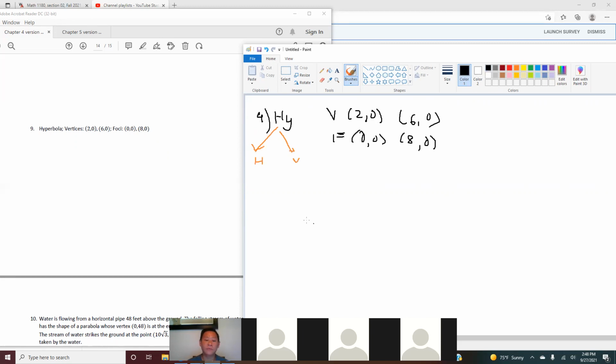The best way to figure it out is to plot these coordinate points. Plot the vertices and the foci, and you will tell where they are located, horizontally or vertically. Go ahead and plot this and tell me what you think.